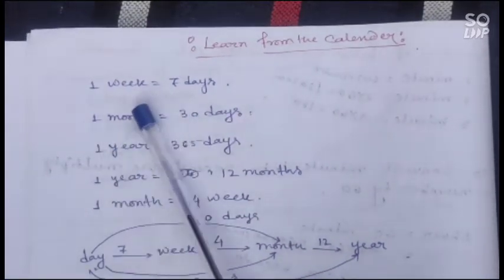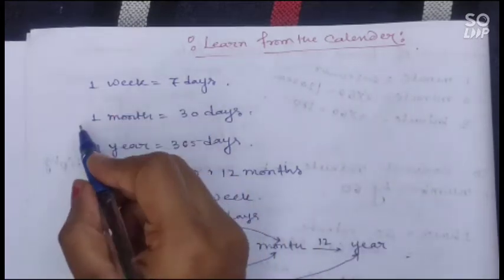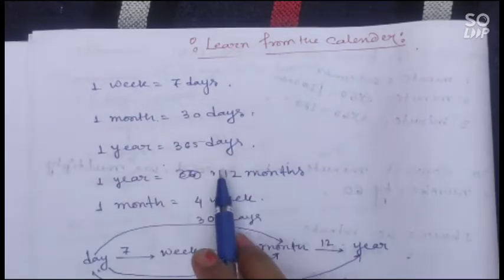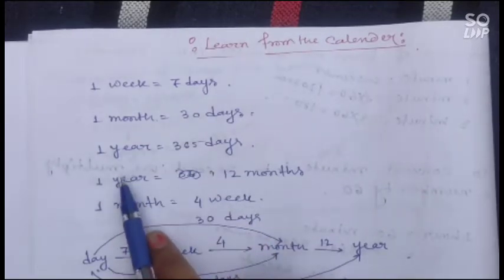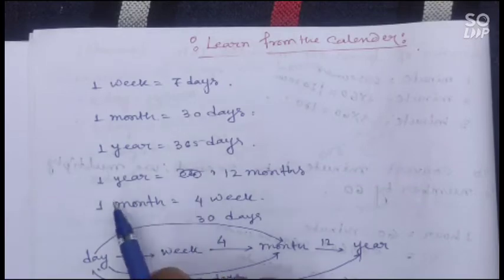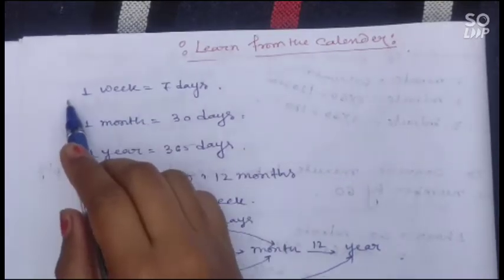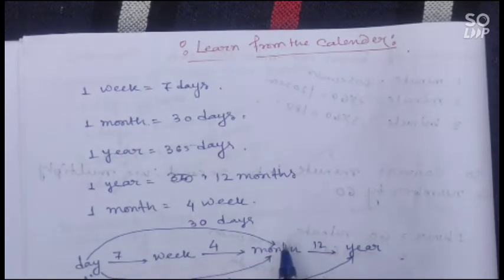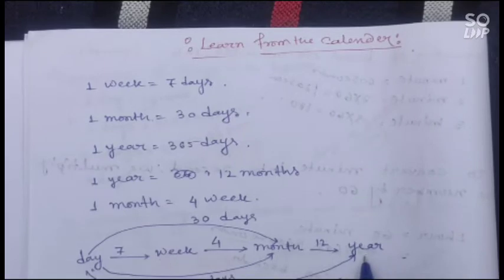So 1 week equals 7 days, and there are 30 days in 1 month. There are 365 days in 1 year. There are 12 months in 1 year, and there are 4 weeks in 1 month. So 7 days is 1 week, and 4 weeks is 1 month, and 12 months is 1 year.